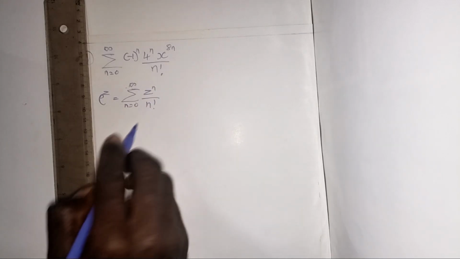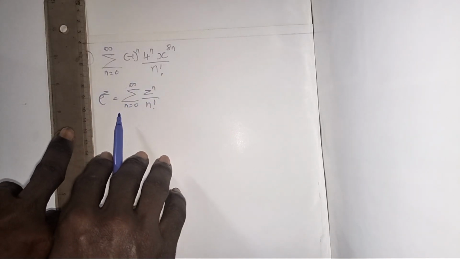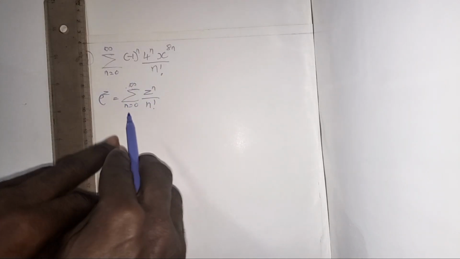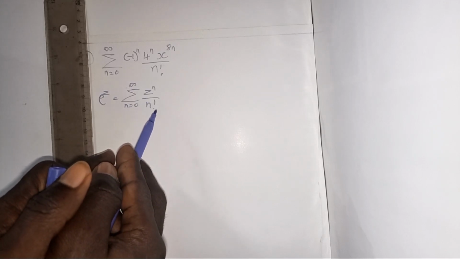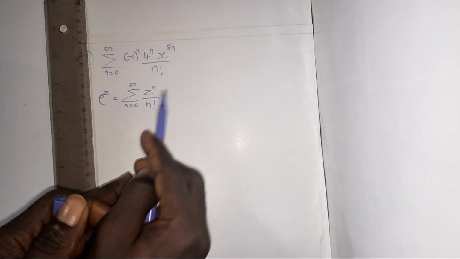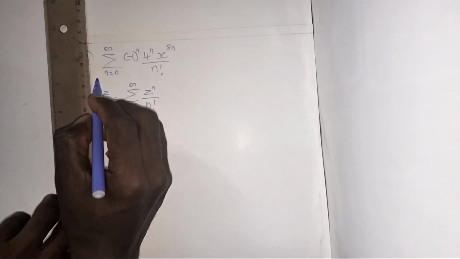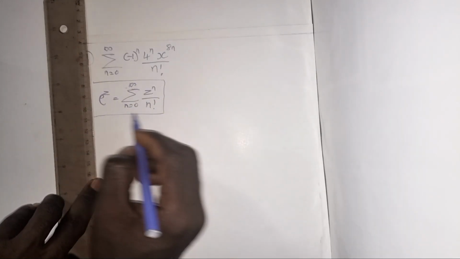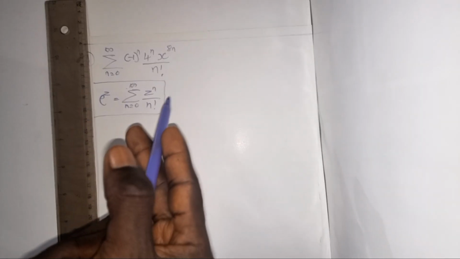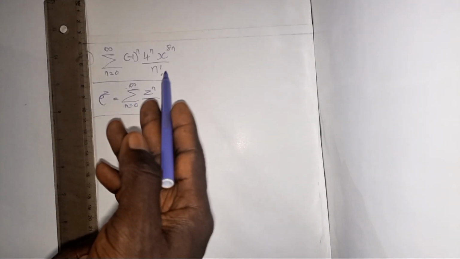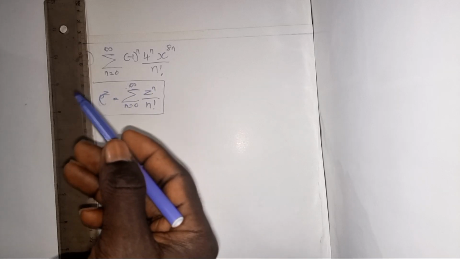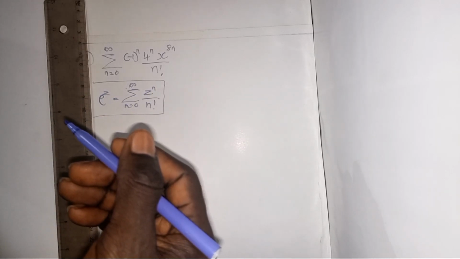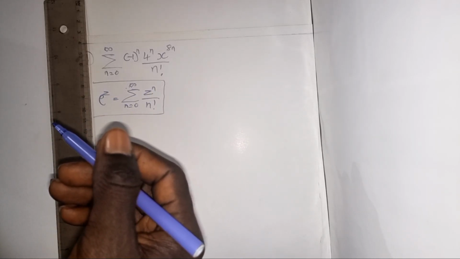This is the exponential function when expanded using the Taylor's expansion method. If we check this and we check our given series, we will see that there's not much difference at all. We just need to find what that z is in terms of the given series. Then we do a substitution and we'll get our final answer.